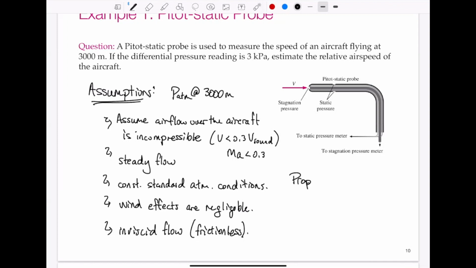We can write down some properties. If we look up the properties of air at an altitude of 3,000 meters, we would find that our density of the air would be equal to about 0.909 kilograms per meter cubed.